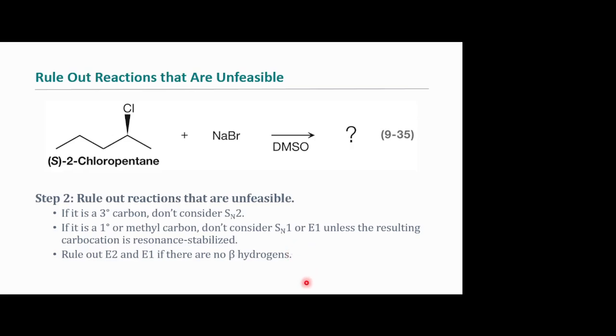Or resonance stabilized. Rule out E2 and E1 if there's no beta hydrogens. If you don't have any adjacent hydrogens at all, you can't do it. And so this can happen on things like rings oftentimes, or you have very, very branched structures, and you literally have nothing. Okay? Now, I do want to add one caveat here, okay?